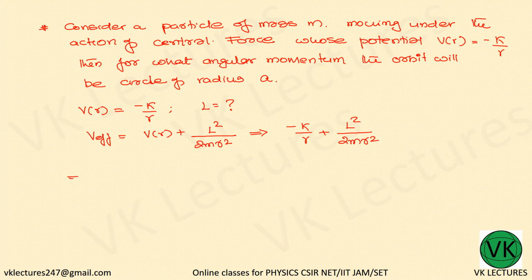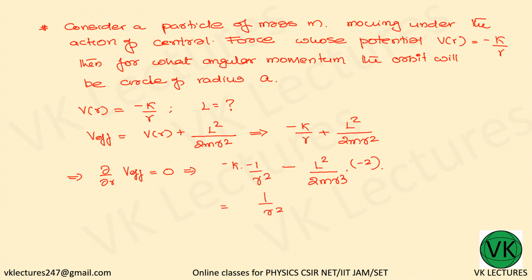Now we need the force, so dou by dou r of V effective is to be put equal to 0, which gives us minus of k into minus 1 divided by r squared, minus L square divided by 2m r square in r cube into minus 2, and that's equal to k by r square minus L square by m r cube equal to 0.